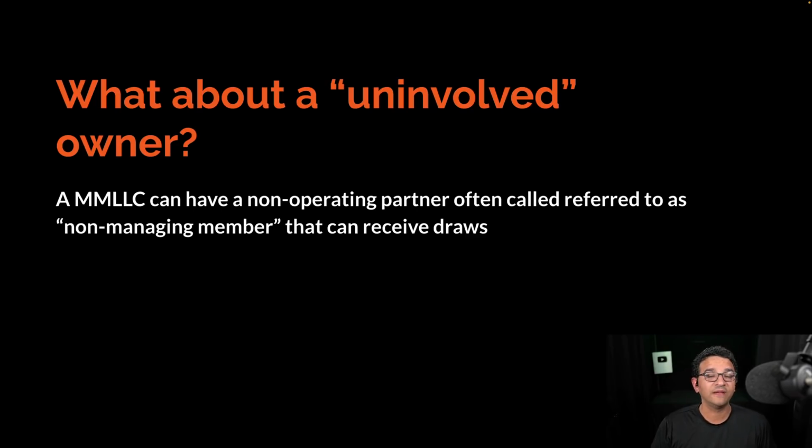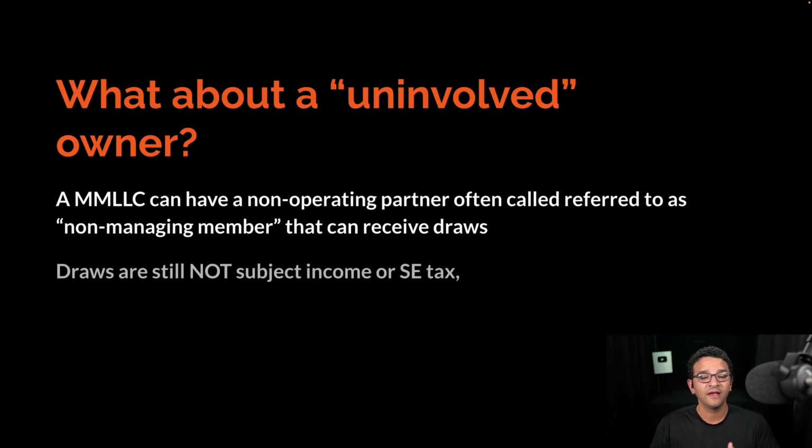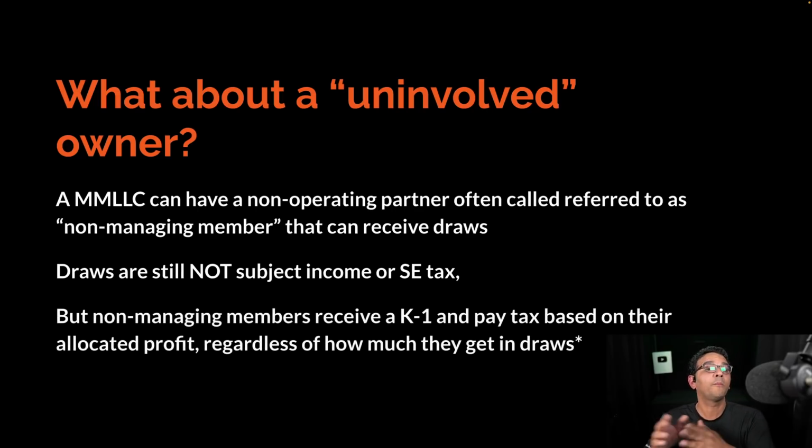They can certainly receive draws, and draws are not subject to self-employment tax, and they're not subject to income tax. But that partner will pay tax on their allocated profits, again, through the K-1. The only difference is that they're not paying self-employment tax because they're not working for that income. So that would be passive income.